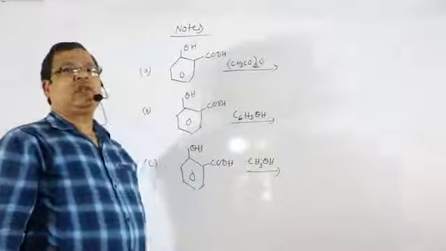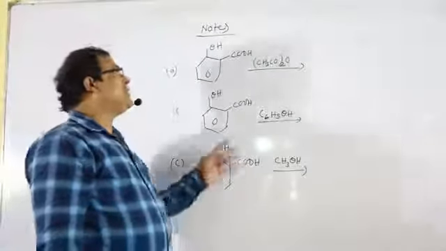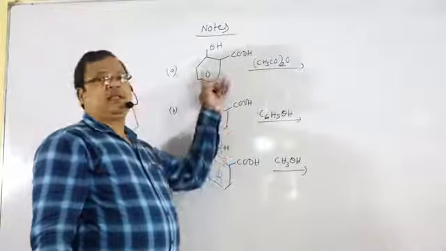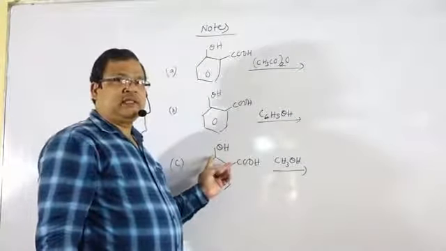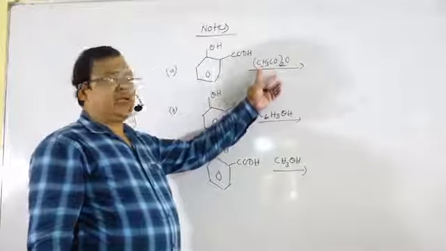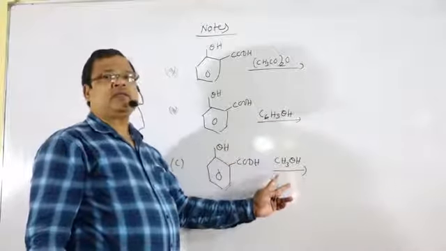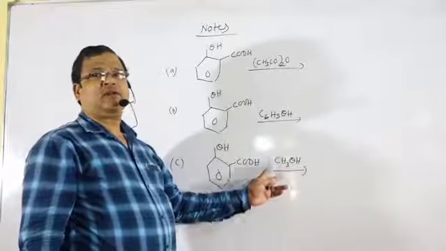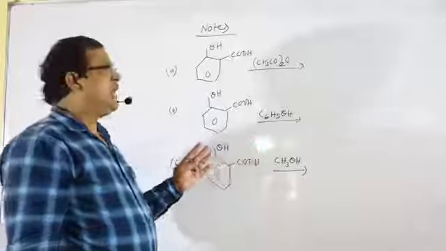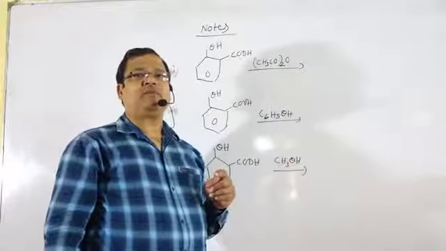We will analyze what the different products are that are obtained, whether orthohydroxybenzoic acid is reacted with acetic anhydride, with phenol, or with methyl alcohol. Then what are the different products, and what are the uses of the products so formed?